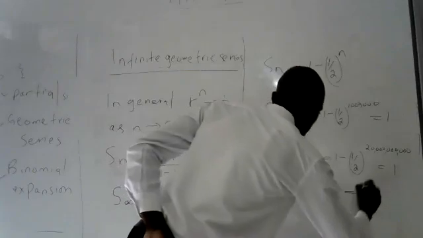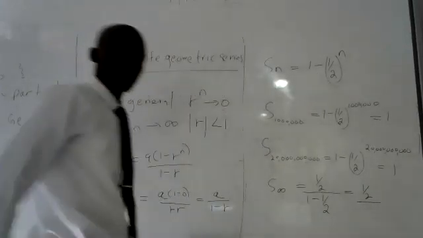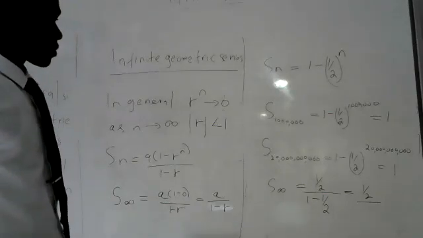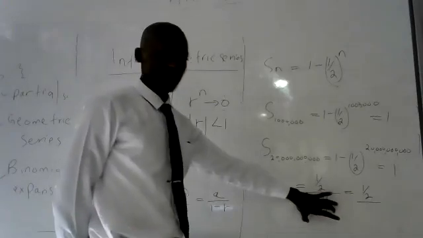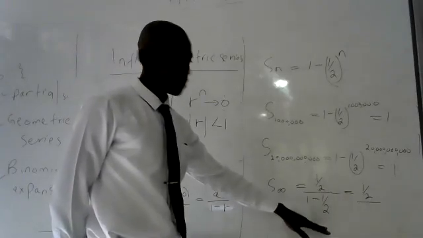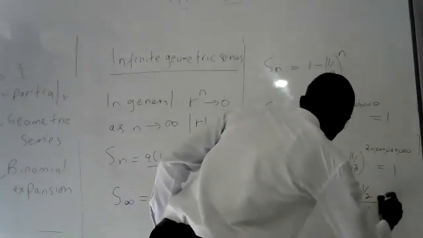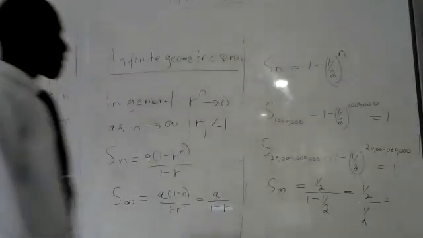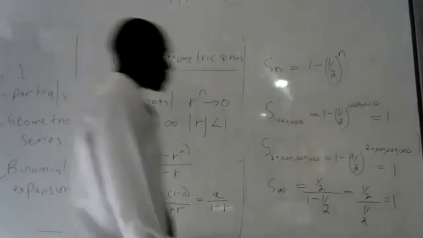So this is going to be a half divided by, what is 1 minus a half? A half. So a half divided by a half? 1. Half divided by half is 1.